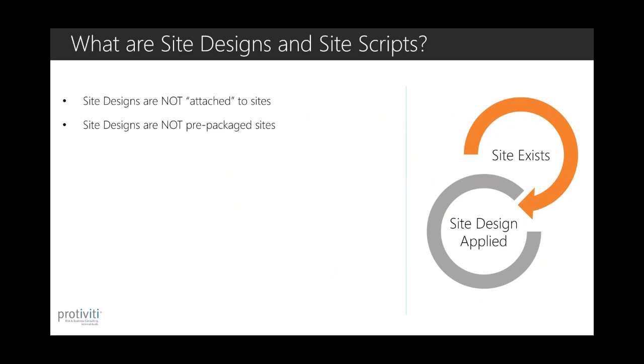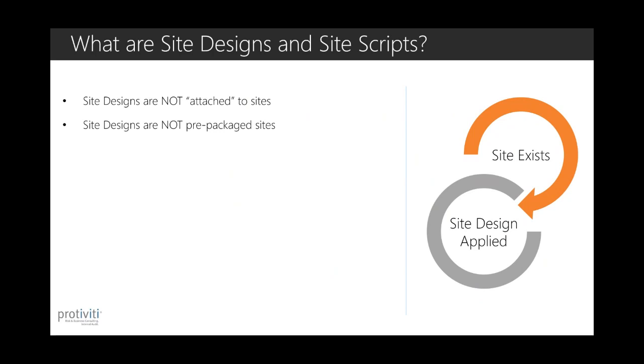If I'm using custom site templates, the classic version of it, instead of using that STS#1, I'm going to be creating a whole new one with a GUID, and I'm going to be creating sites using that GUID. So I'm packaging that site and making a copy of it. What happens then is, as things change on STS#1, they're not going to change on your site, because you're actually taking a different copy of that site. You're not using that root site or the out-of-the-box site, because you prepackaged that site and created a new one.